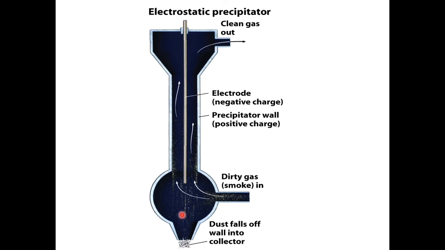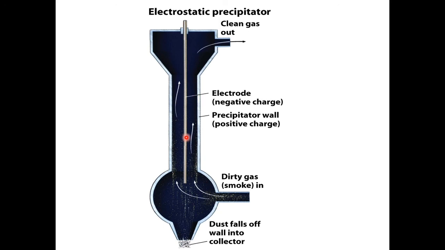When these hot gases are taken into this electrostatic precipitator, some charge is applied on those hot gases, due to which the pollutants present in the gases get charged with cations and anions. Cations are the positive charge and anions are the negative charge.